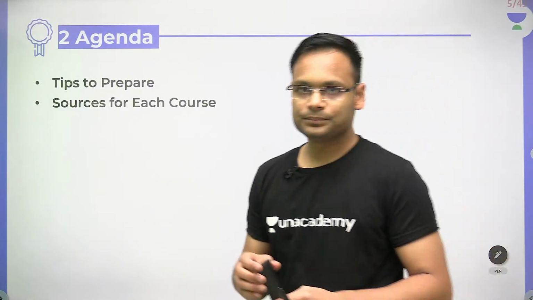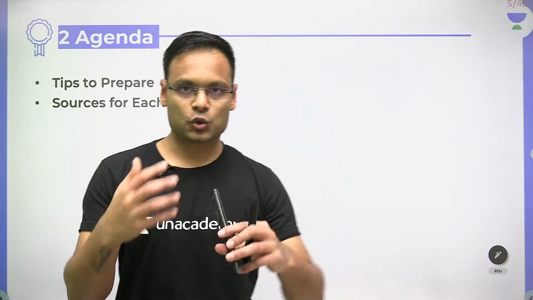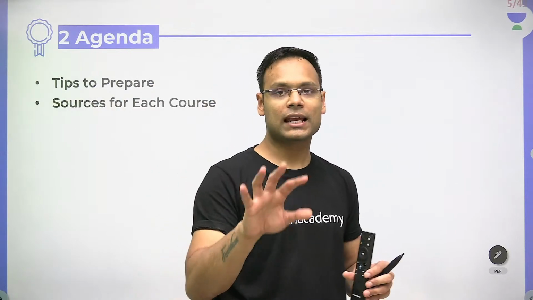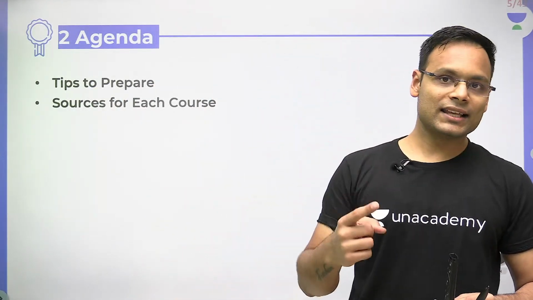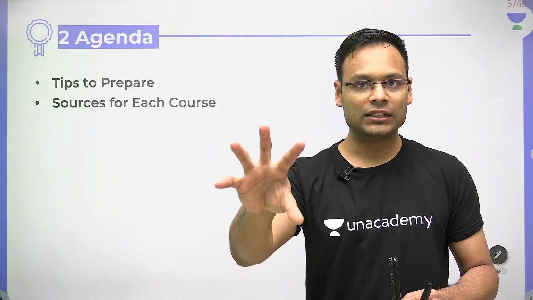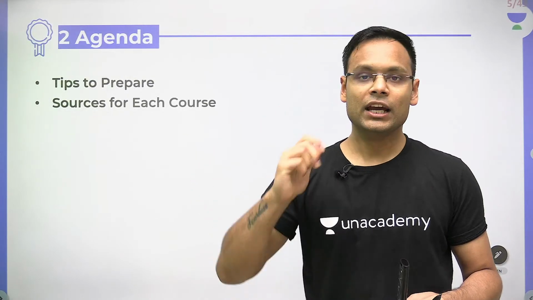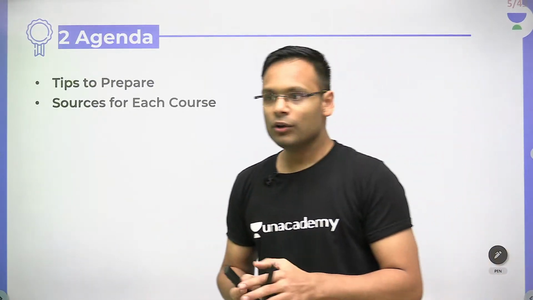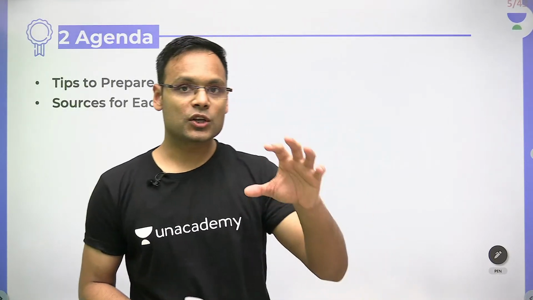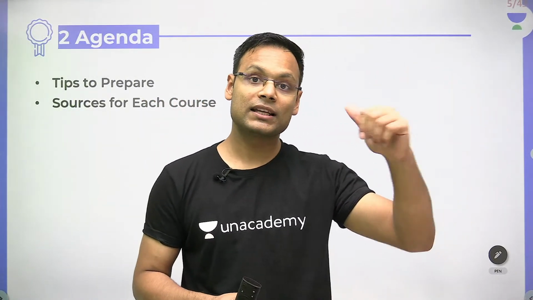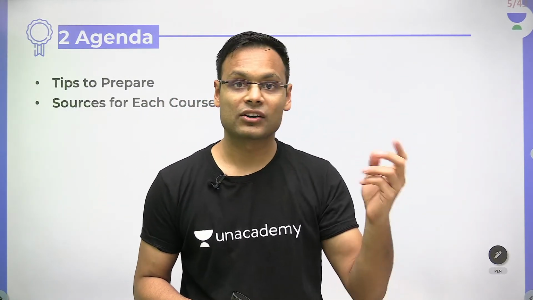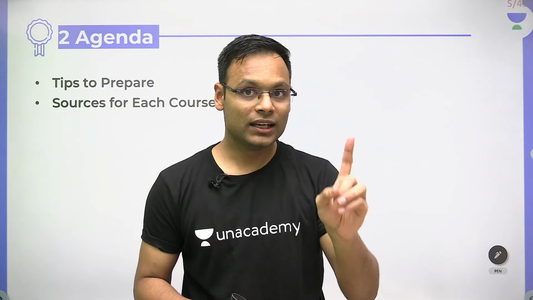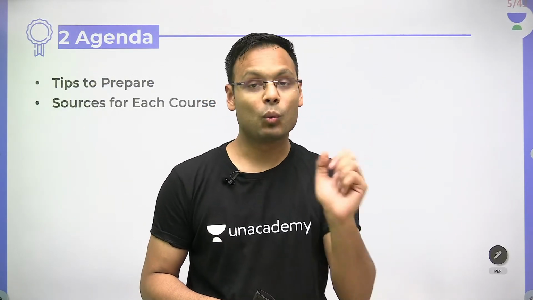So first of all, tips to prepare. I'll tell you one thing. The students feel like GATE computer science is very easy. I say yes, preparation and understanding the course is very easy. Implementation part is not. I can see very easily students are scoring 80 plus, 90 plus in other branches like mechanical or electrical, etc. But it is not easy in computer science. Why?